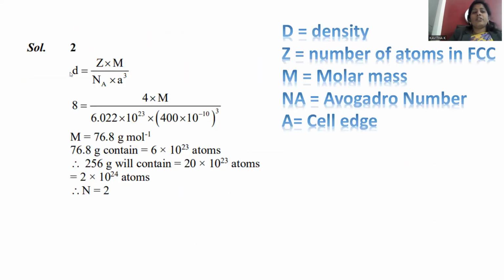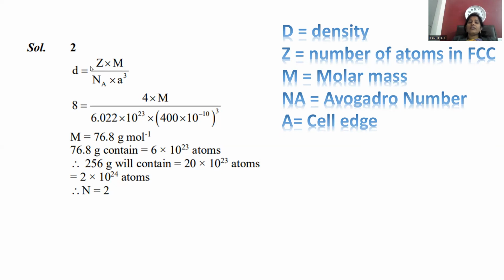There is a formula to calculate this. Density is equal to Z into M by Na into a cube. Let me explain all the terms in the formula, which is applicable to the FCC lattice only.